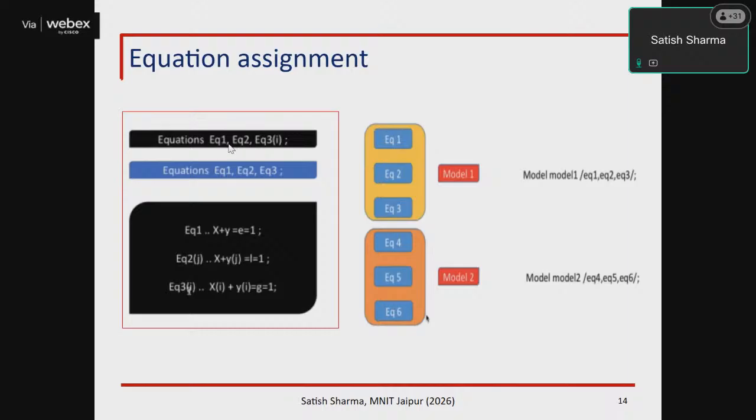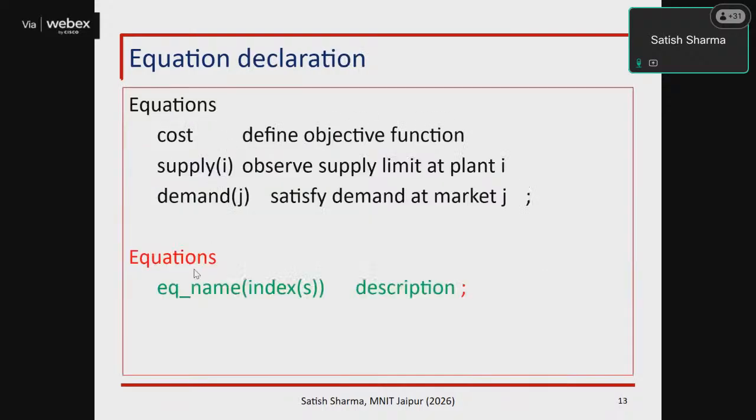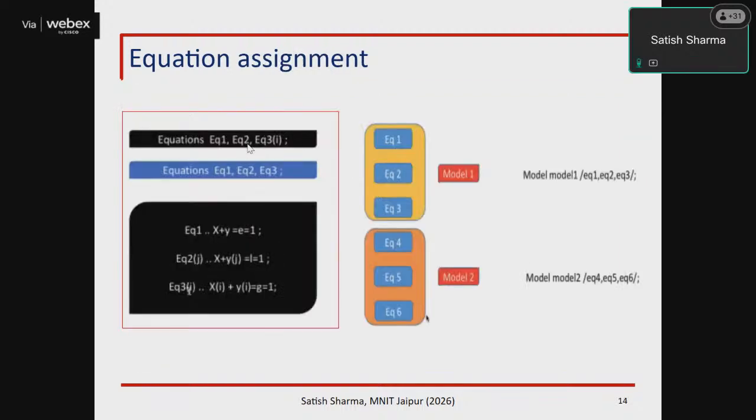In a declaration, I can declare the equation name and some description. Description is always optional. If you want to put a description, it's your choice. If you don't want to, that is also fine. Here I have not placed any description. I just declared that I am going to have three equations. Similarly, maybe some other names are there.